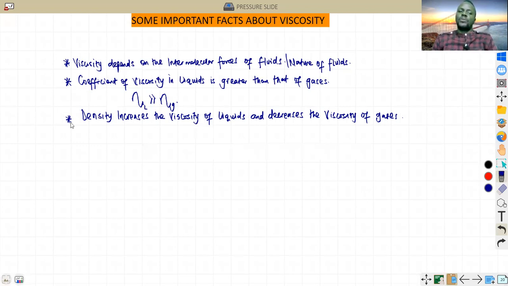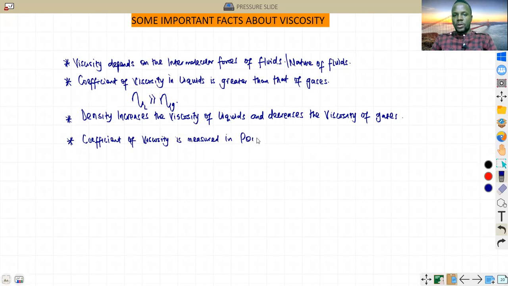Another thing we can also put down as an important fact about viscosity is that the coefficient of viscosity is measured in Poiseuille.